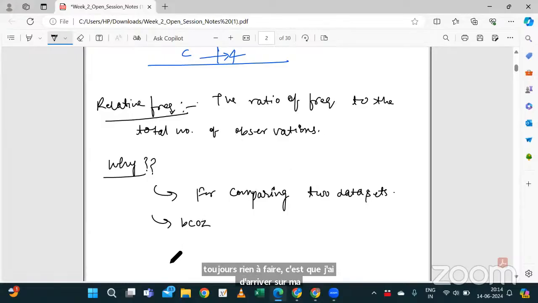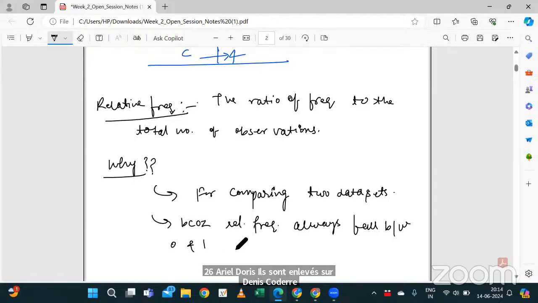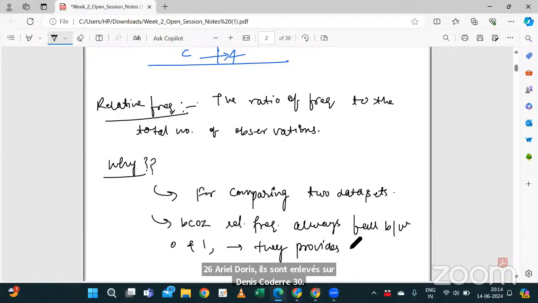I'm writing REL. FREQ. for relative frequency. It will always fall between 0 and 1, and this provides a standard for comparison.